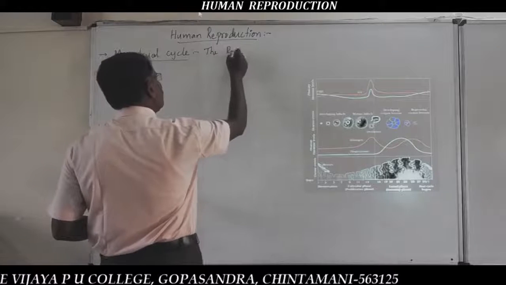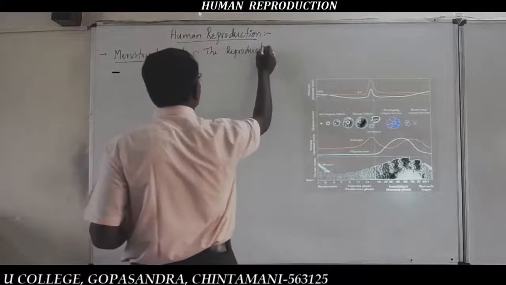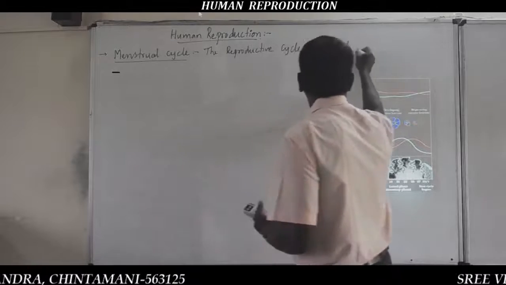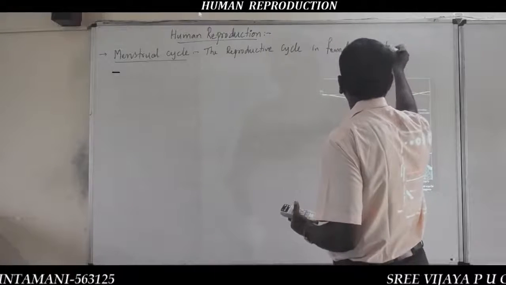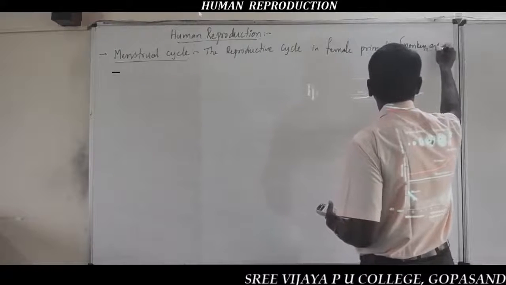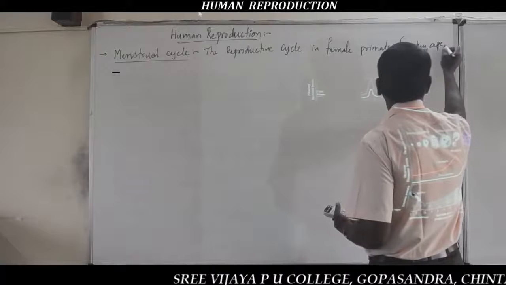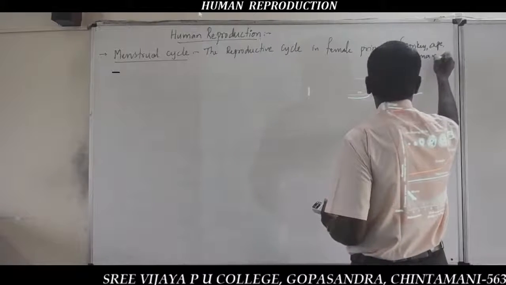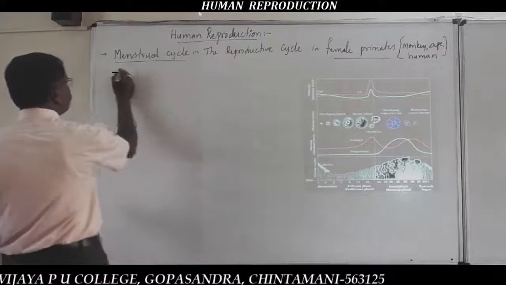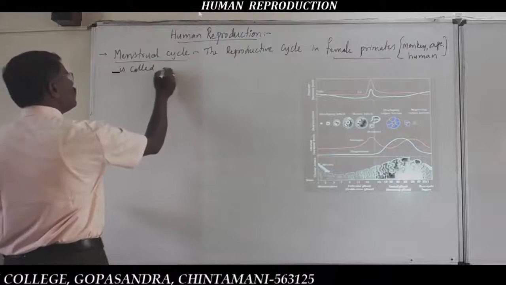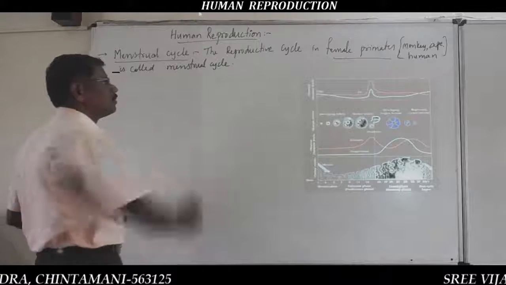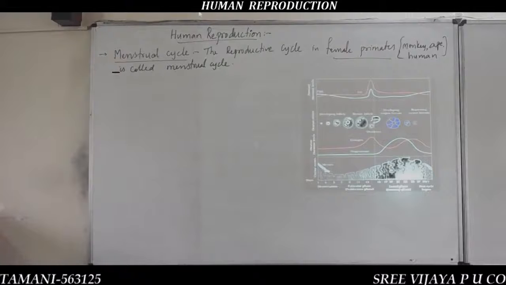The reproductive cycle in female primates, that is monkey, ape, human, is called the menstrual cycle.